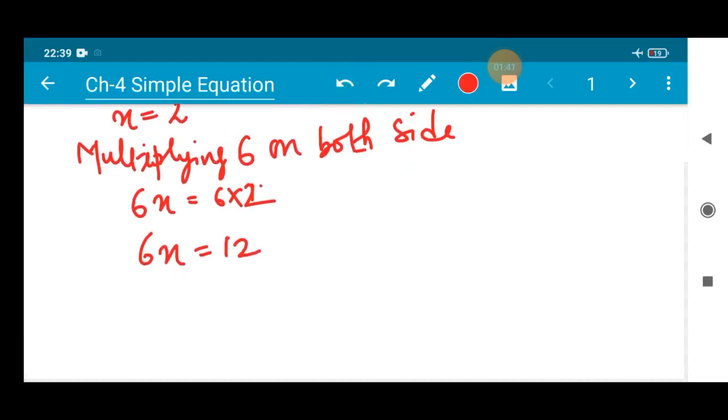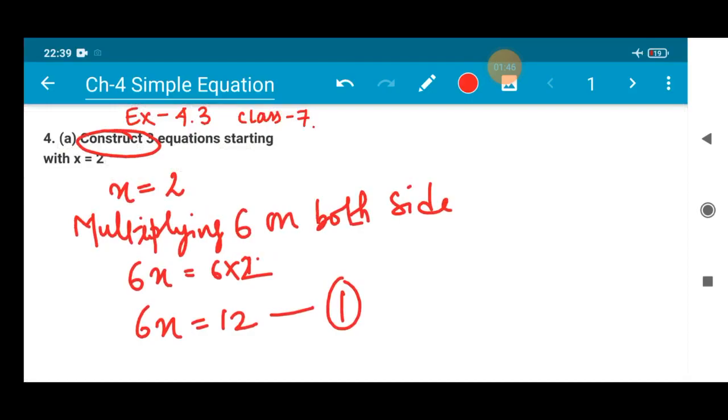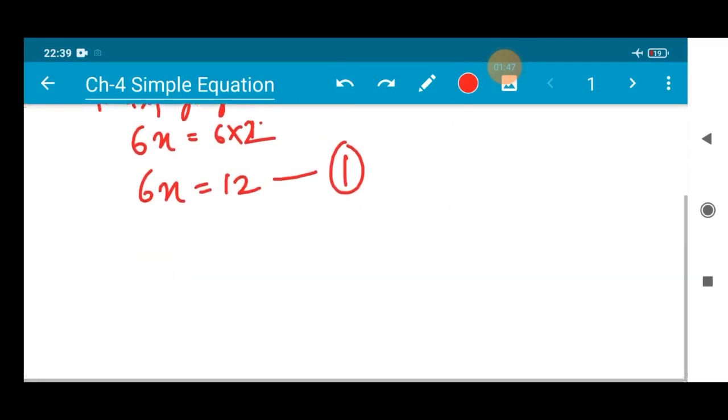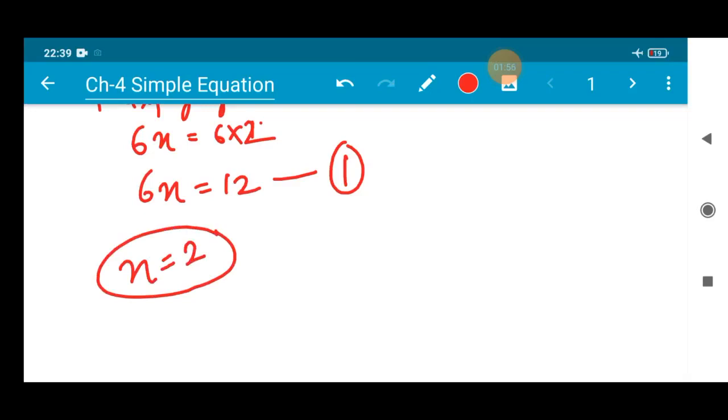Now this is our first equation. They have asked us to frame three equations, so one of the equations is done. Now from equation 1, we have to make x is equal to 2 only. We cannot change this, but whatever we do, our last value for x should be 2 only.